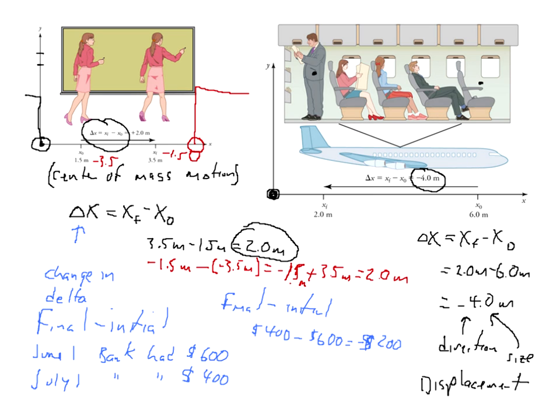And something that has a magnitude and a size, let's use a different color here. Something that has a magnitude and a size, that is a vector. Something that just has a size is a scalar. So mass, for example, is a scalar.